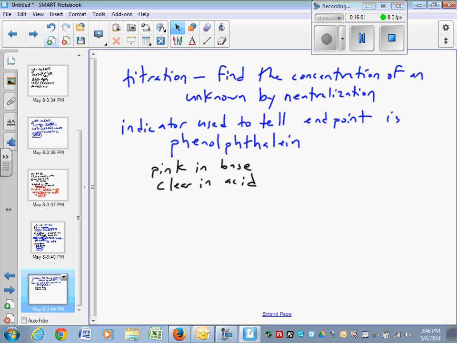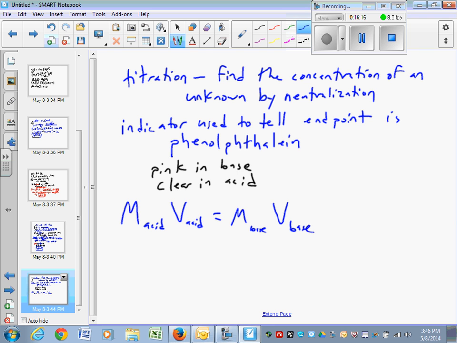And in order to find the concentration, we use an equation that you've actually used before. We did this back in solutions, the dilution equation. The molarity of the acid times the volume of the acid is equal to the molarity of the base times the volume of the base.